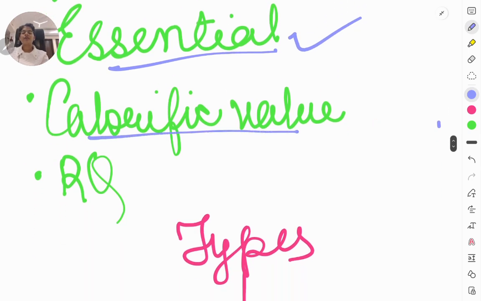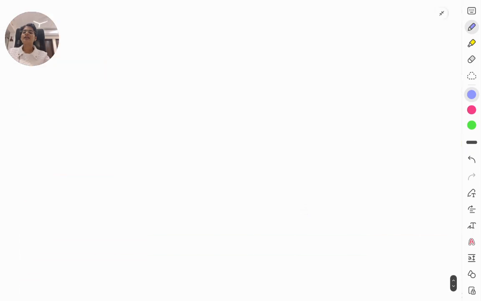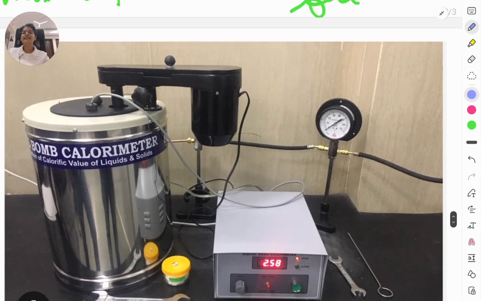Now let's see calorific value. Calorific value is the amount of heat generated due to the oxidation or the combustion of food or nutrients. Now, this is the calorimeter, the bomb calorimeter.